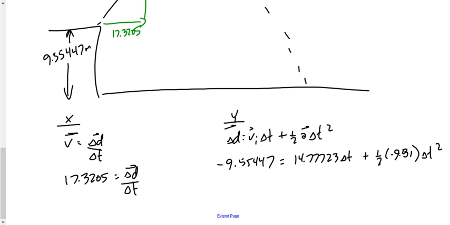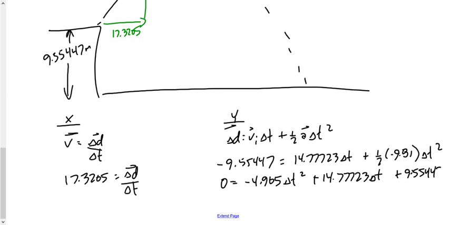Well, let's rearrange this a little bit, simplify it a little bit. 0 is equal to negative 4.905 t squared plus 14.77723 t plus 9.55447. The reason that I rearranged it to take that order is because this allows me to find t using the quadratic equation.